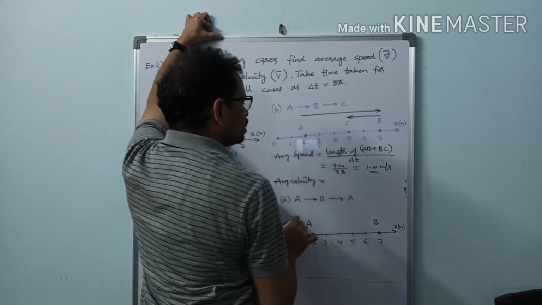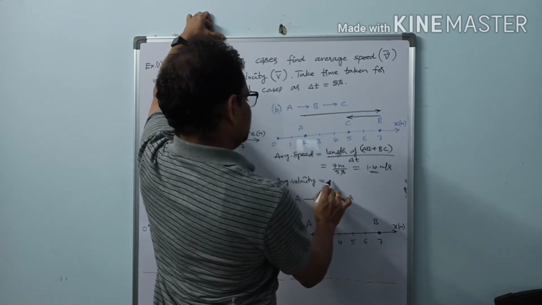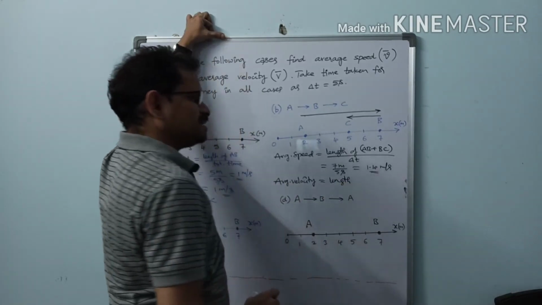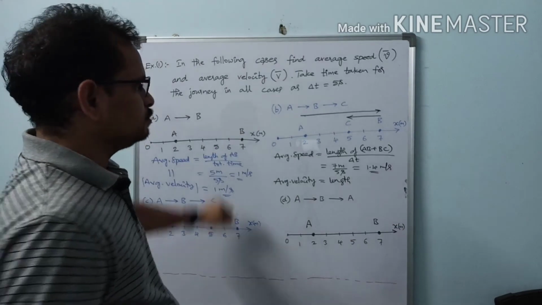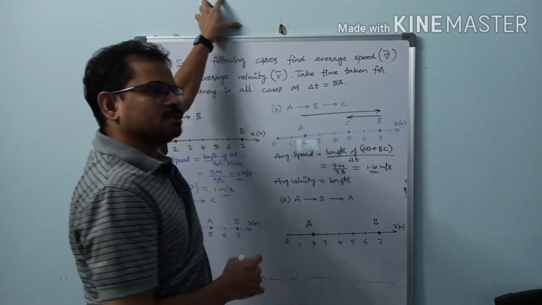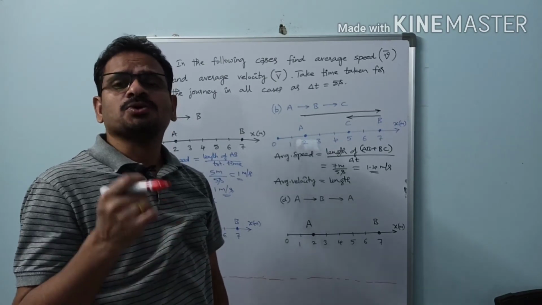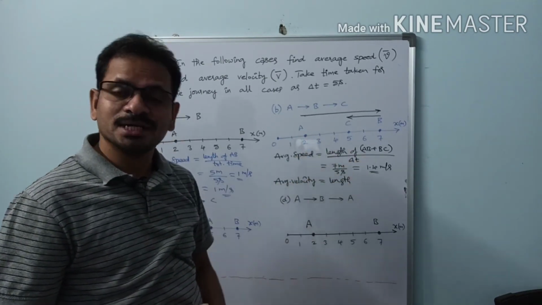Average velocity equal to what? Total displacement by total time, you know. So what is total displacement here? It is the shortest distance between initial point and final point. What does it mean?